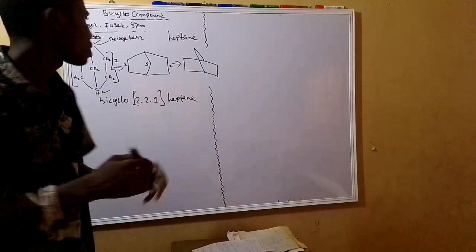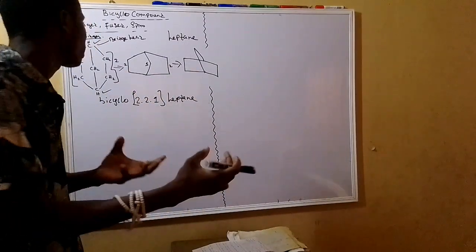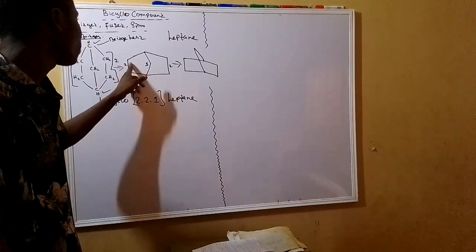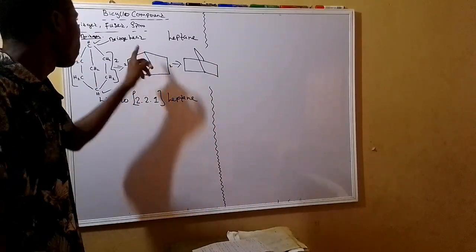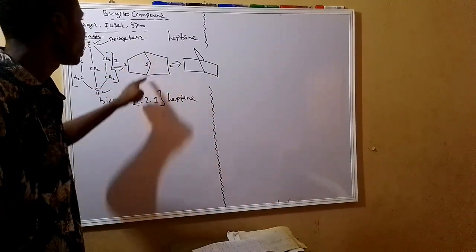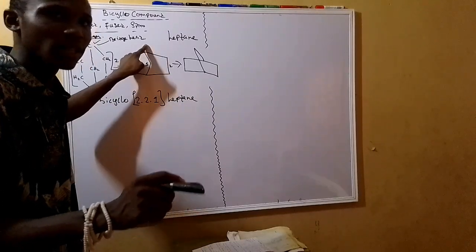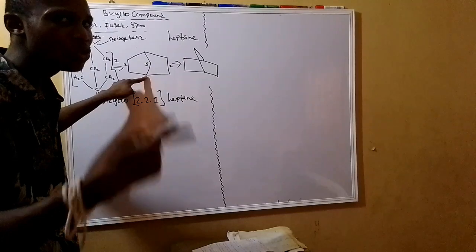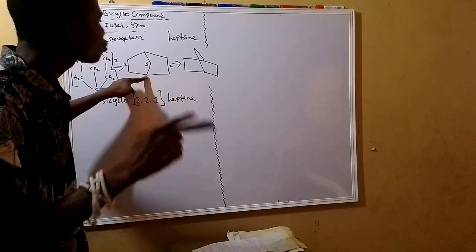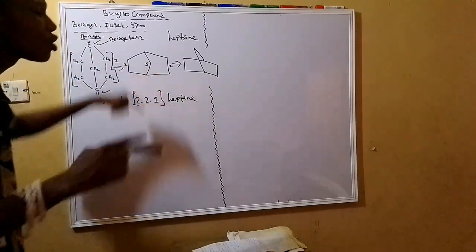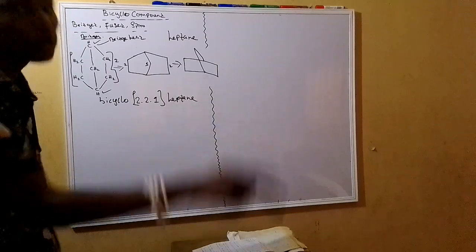You have to number it from the bigger range first. But if you look at it now, this is smaller, so I don't have any issue. I number from here, but you have to also start from the bridgehead, either of the bridgeheads. And when you are numbering it, just like we do in naming, you have to number the one closer to the substituent you are about to put down.